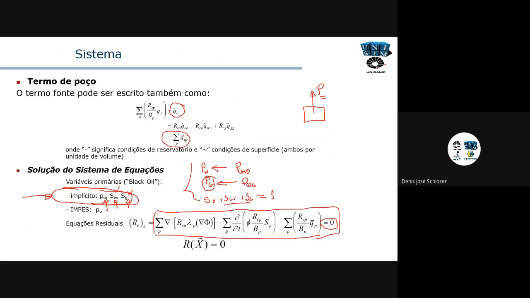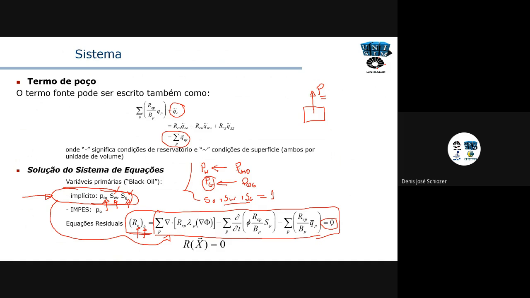So how are we going to solve the equations? We are going to call this the residuals. For each equation, we have the residual of the component in that block. As it's very difficult to solve this analytically, we're going to solve this numerically. We give an initial guess of pressures and saturations, put it in this equation, and check if it is 0.